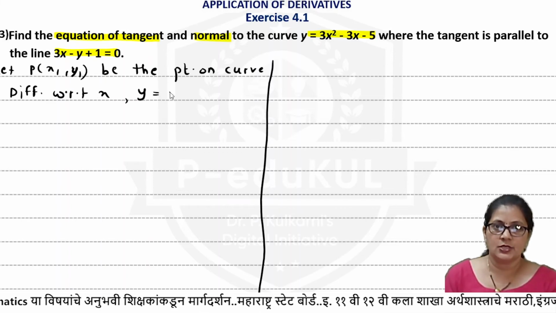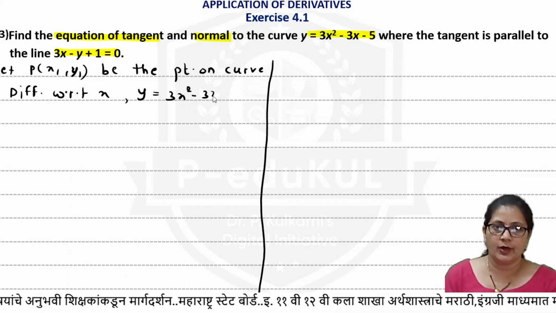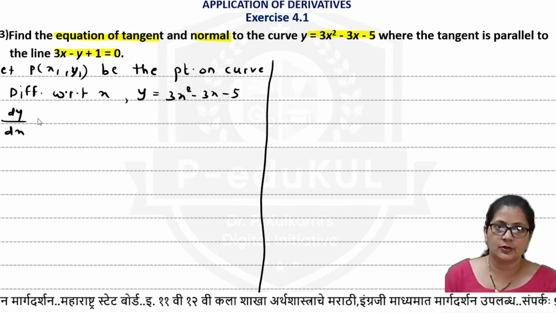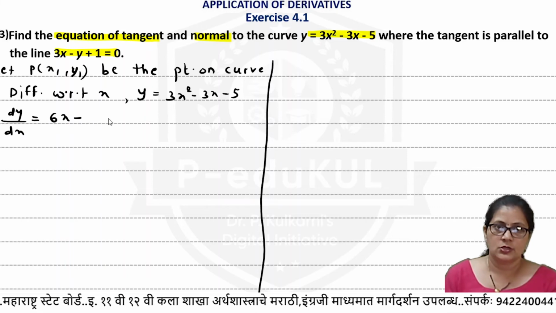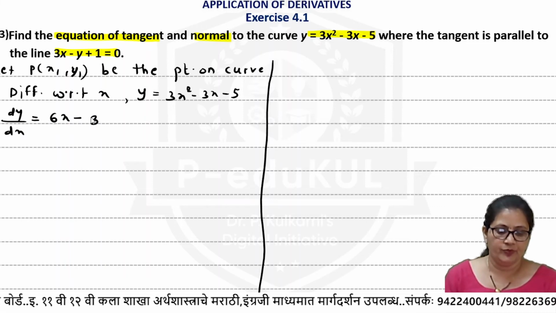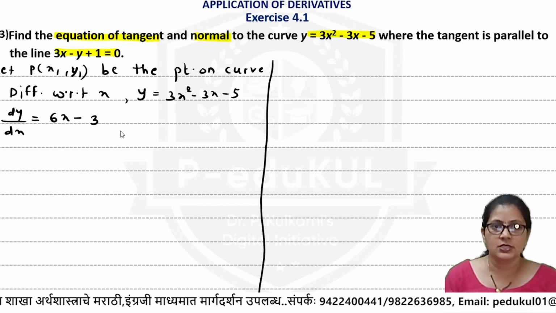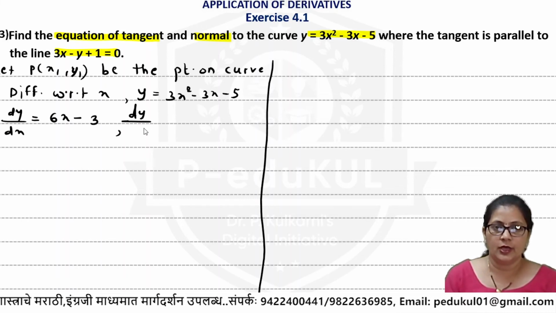So y is equal to 3x square minus 3x minus 5. So dy by dx will be 6x minus 3. Correct?